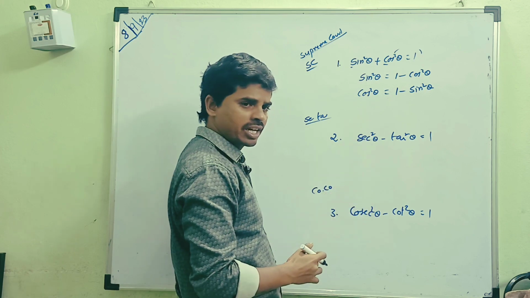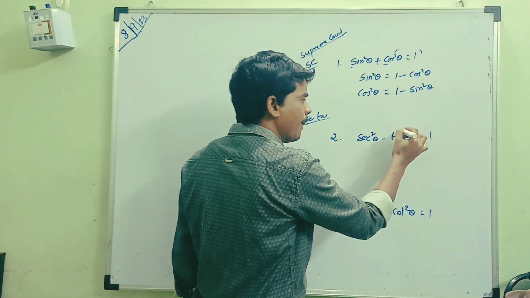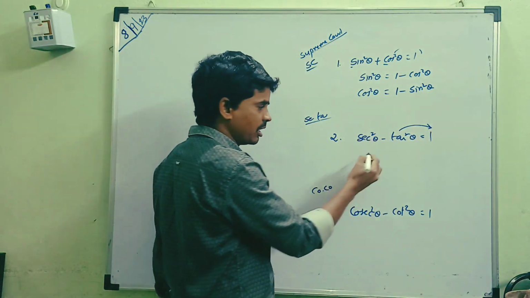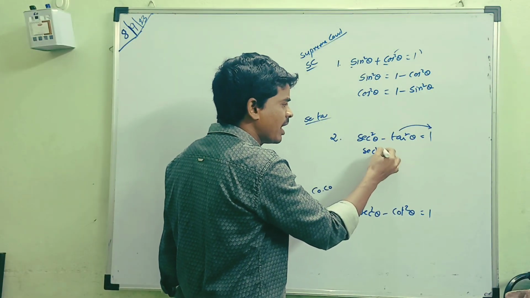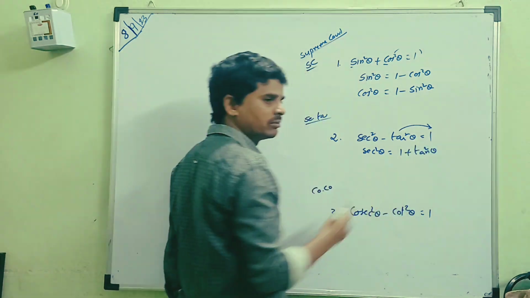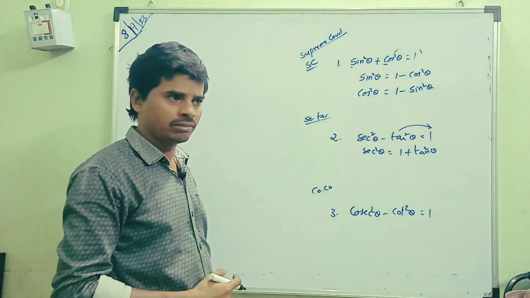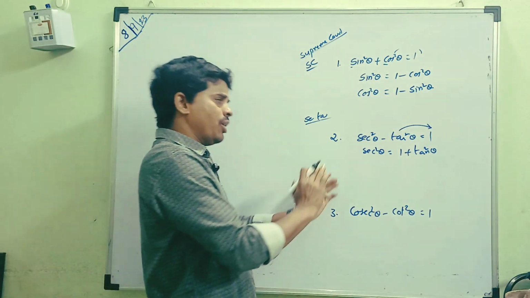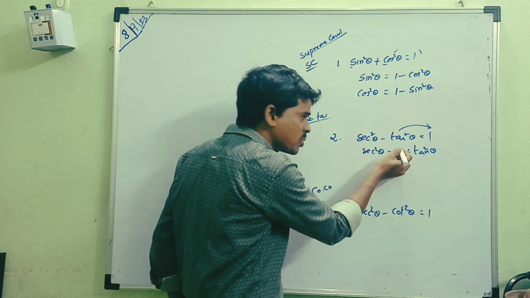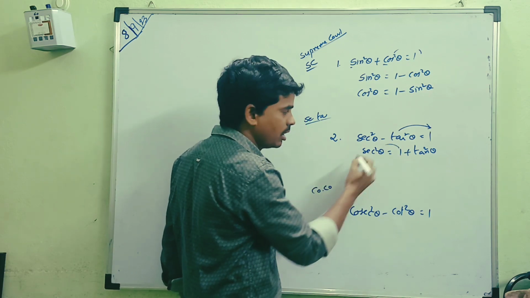Now from secant square minus tan square is equal to 1, you get minus tan square, you transpose that side, we will get secant square theta is equal to 1 plus tan square theta. If you want to derive the formula for tan square, just transpose the minus 1 to this side.